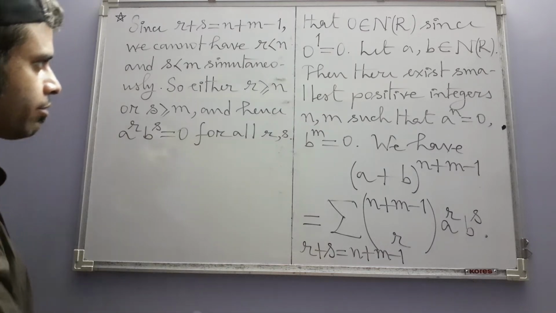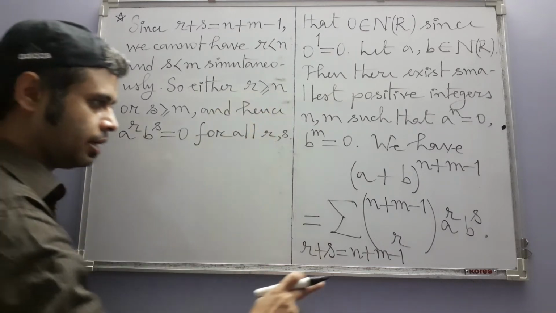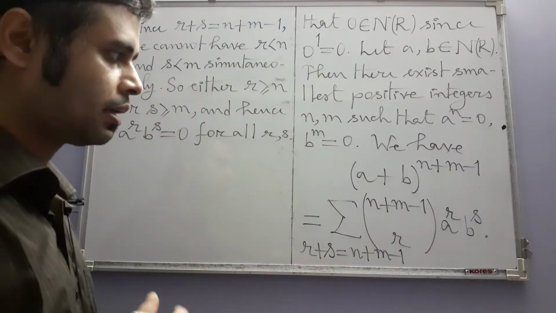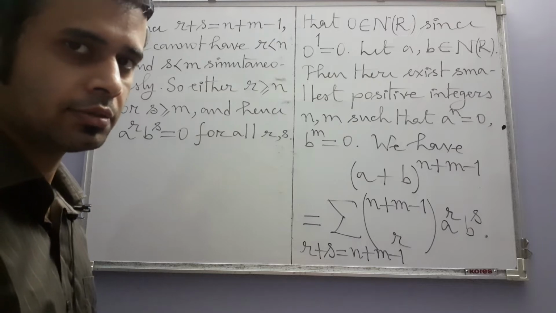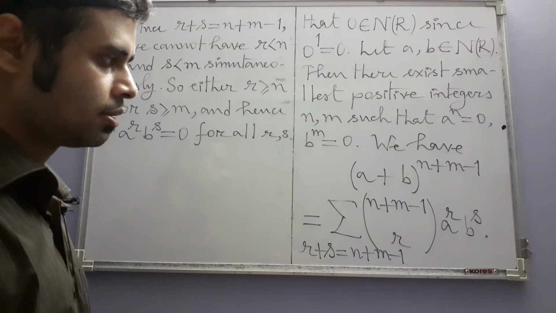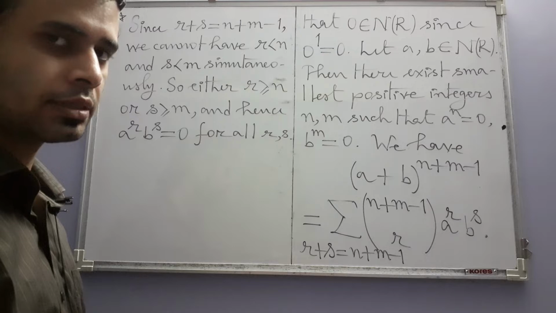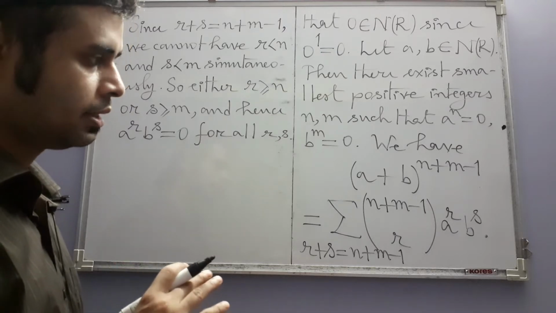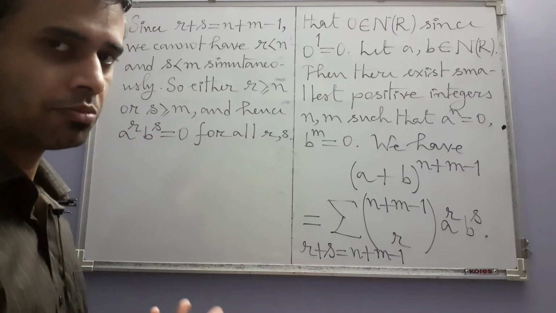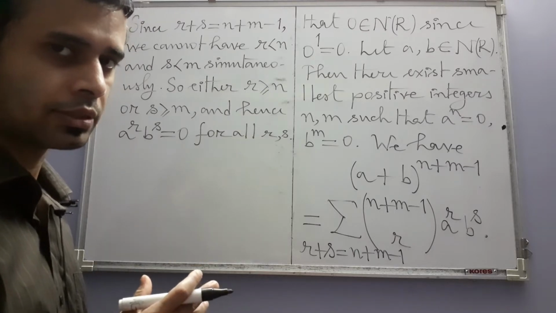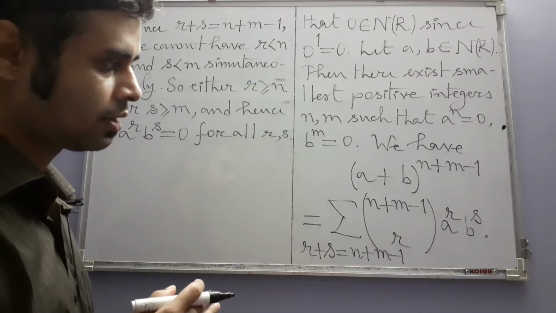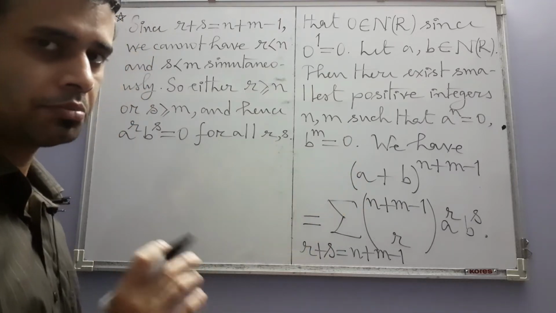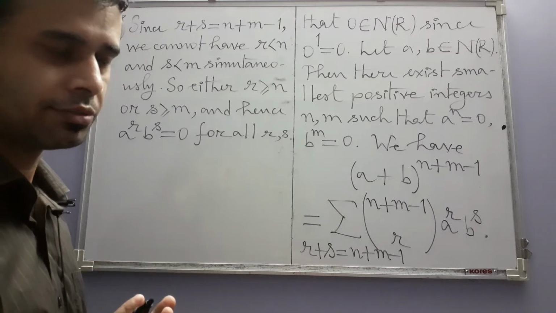Why? Because if r is greater than or equal to n, then a to the power r can be written as a to the power r minus n plus n, and the rule of exponents in this case, although we are in a ring and the operation is multiplication, it's not necessarily a group, but still those rules of exponents that we know in group theory are true provided the exponents are positive or non-negative actually.